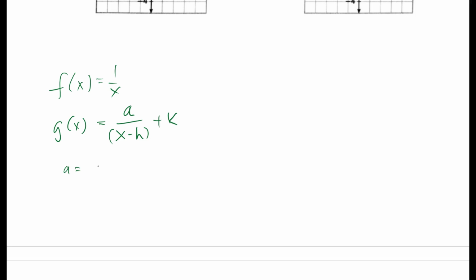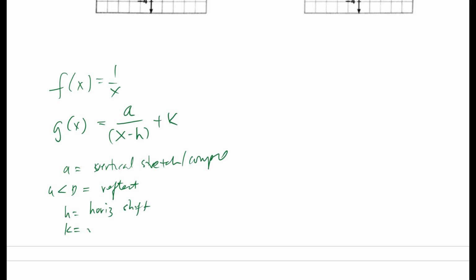A is going to be the vertical stretch factor, like the stretch Armstrong idea, stretch or compress. If a is less than 0, then it's a reflection. H is going to be the horizontal shift, and k is going to be the vertical shift.